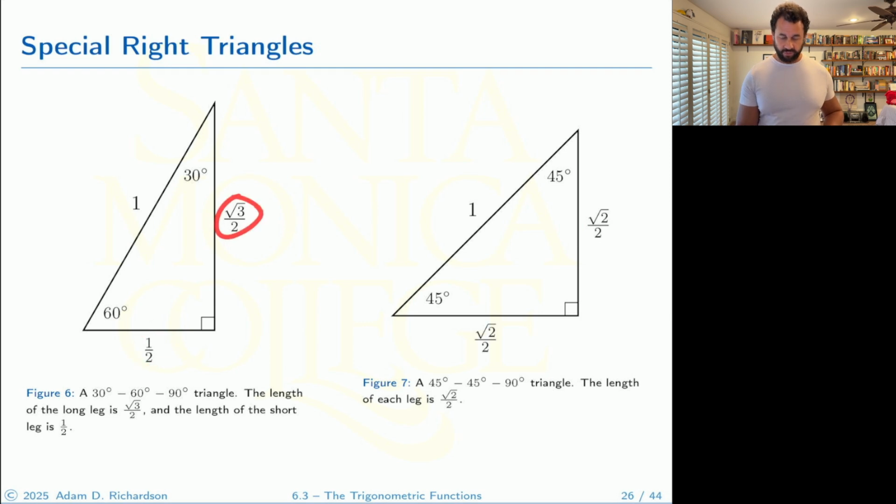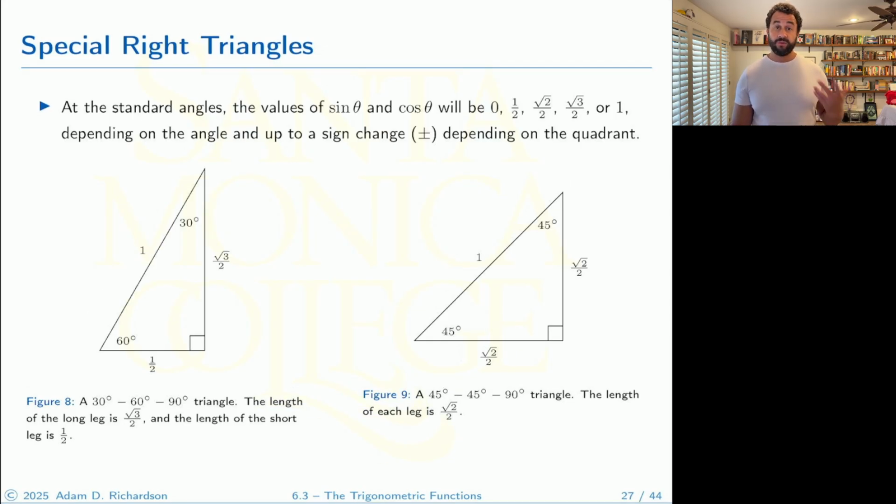These are the lengths that you need to memorize: 1/2, root 3 over 2, and root 2 over 2. Okay, that's what you need to commit to memory. And the reason for that is this bullet point right here. At the standard angles that we talked about in the previous lesson, the outputs of sine and cosine are going to be those numbers, either 0, 1/2, root 2 over 2, root 3 over 2, or 1, depending on what angle it is, and up to a sign change.